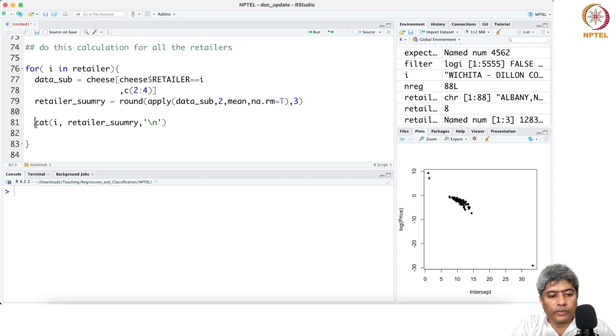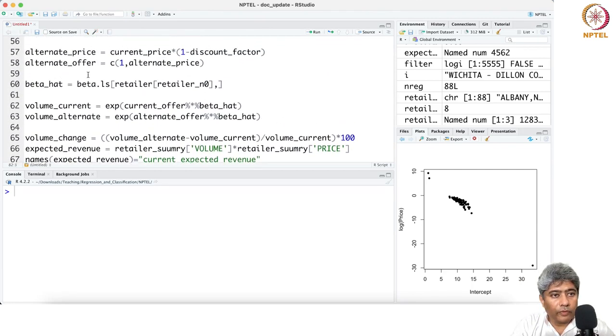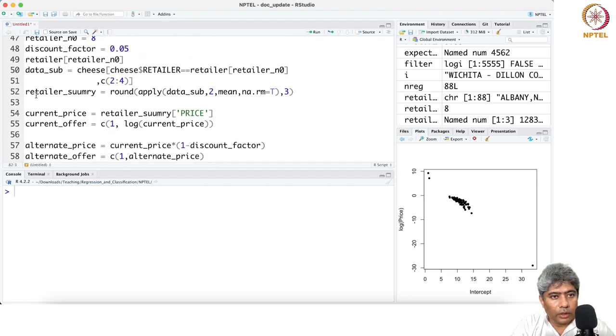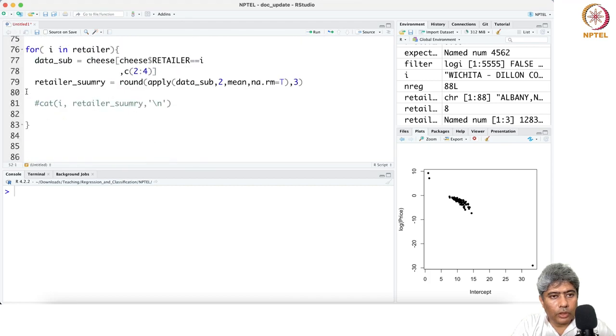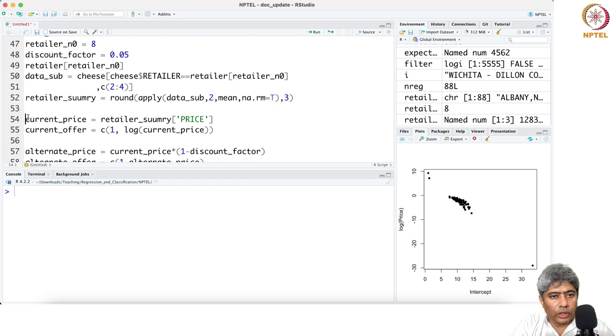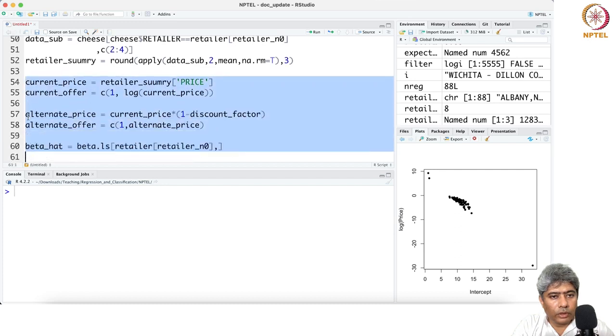That's happening. That's fine. So now what we have to do, we have to just take the current price. Retailer summary is done, right? And then we have to just take the current price.